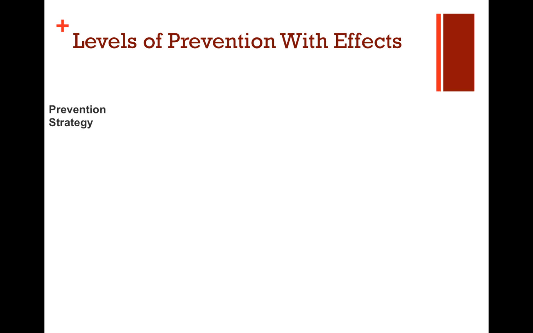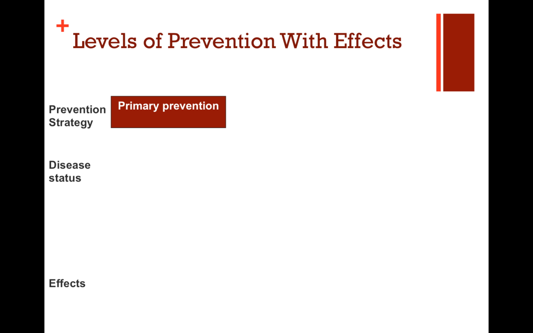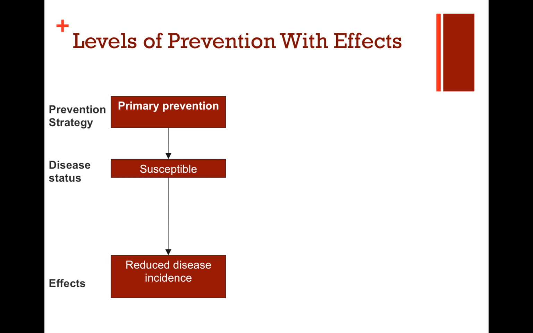And we define our levels of prevention by the prevention strategy, the disease status, and the effects we hope to see. The really big thrust of the work that we do in public health is around what we call primary prevention. Primary prevention seeks to take people who are not sick, but who could become sick, so those who are susceptible, and prevent them from getting sick in the first place.